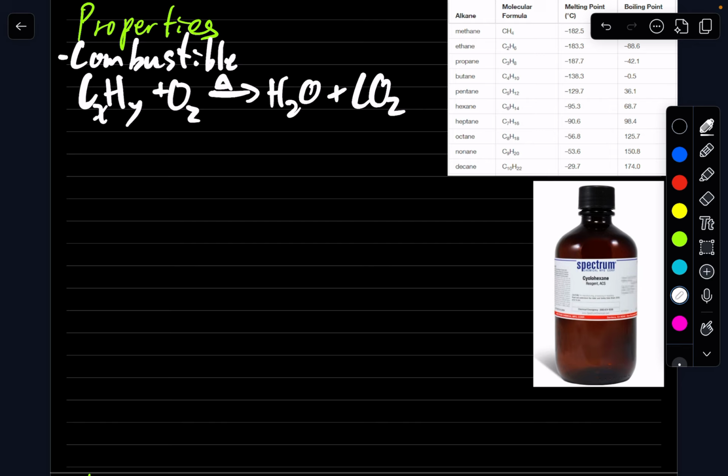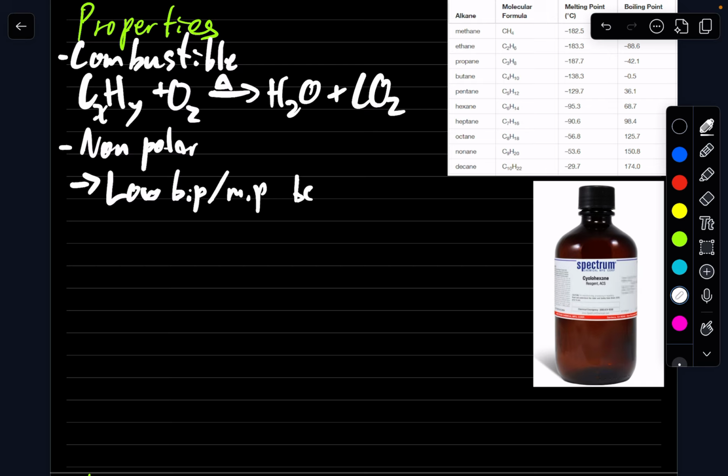And another important property of the alkane, alkene, and alkynes is that they are non-polar, which gives them a low boiling point and melting point because of low intermolecular forces.